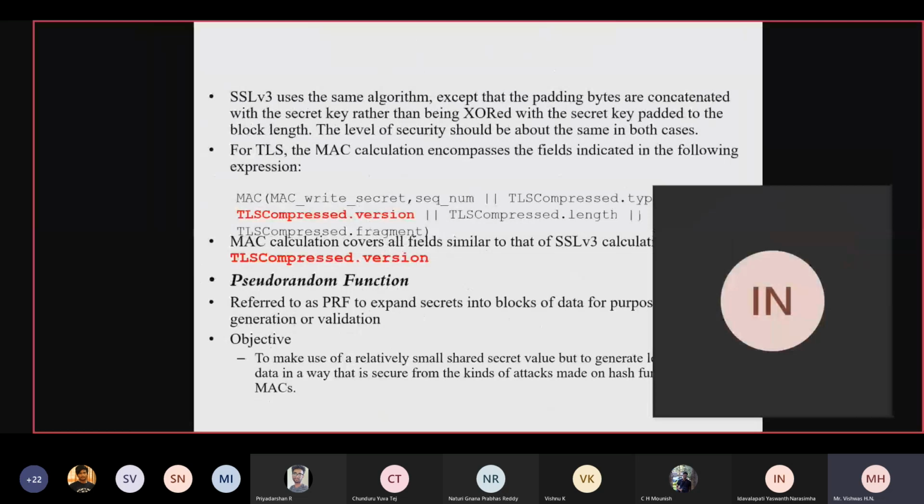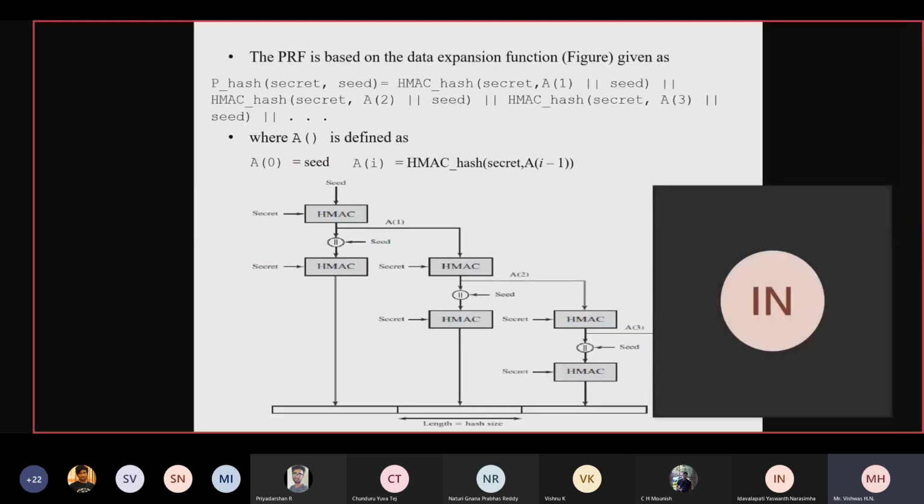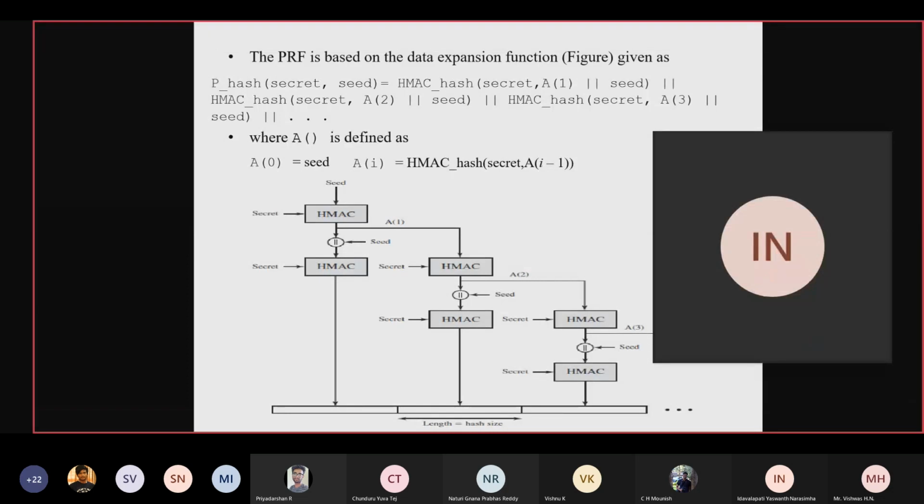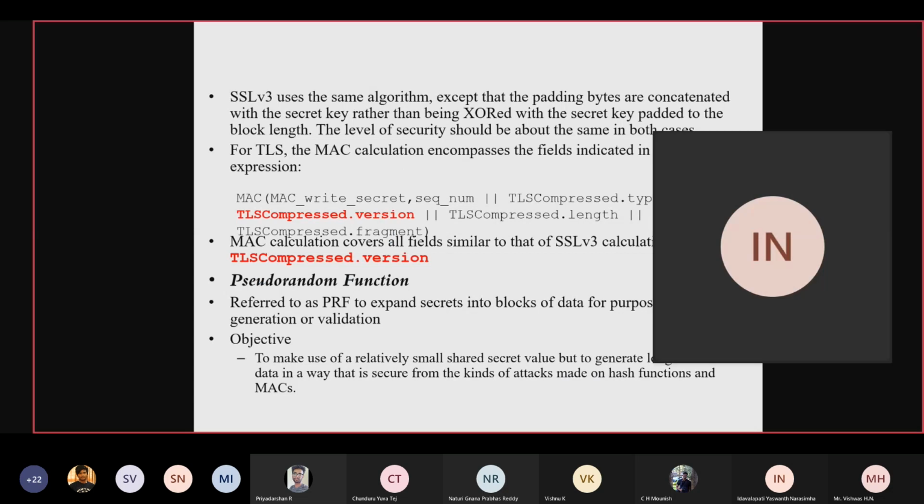So I think, students, this is not required, because to understand this we first have to see what padding bits are, what block length is, all those things. So I think we'll not go in depth into this. The pseudo random function is also not required for this.